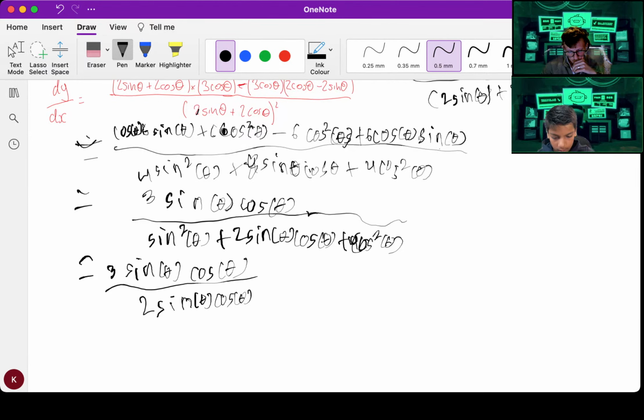I think that's... What about the sine squared plus cos squared? I think that sums to 1. Oh yeah. Does sum to 1, but you haven't added one. I haven't added one. And that is. So it is 3.